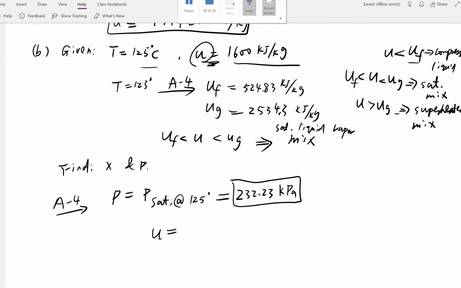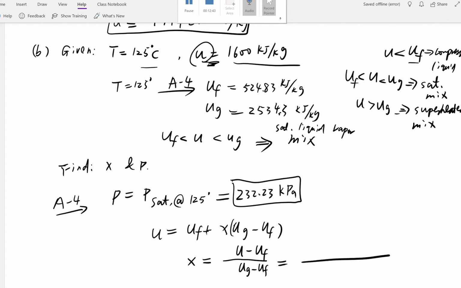U at a saturated liquid-vapor mixture is equal to Uf plus x times (Ug minus Uf). And here we know the U already. We want to find the x. So just using the math, x is going to be equal to (U minus Uf) divided by (Ug minus Uf).